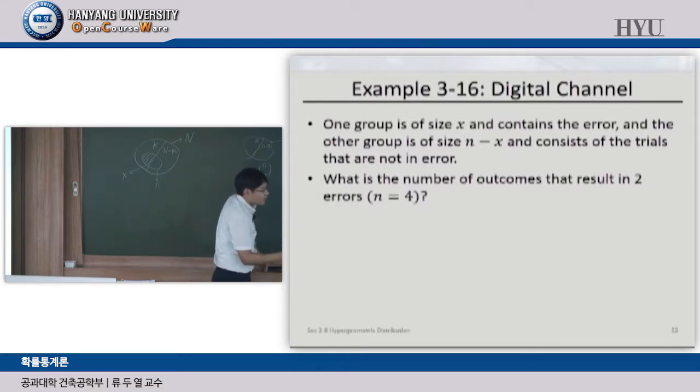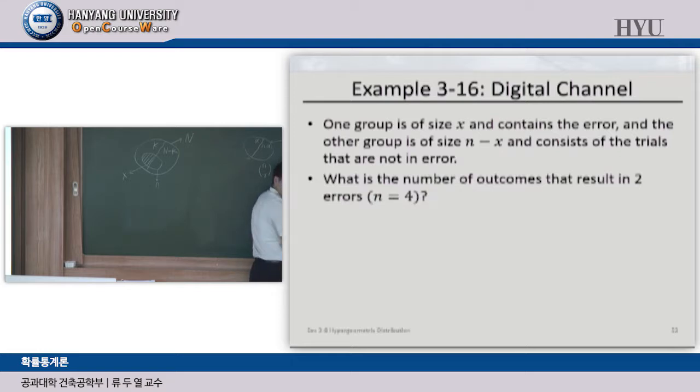So, in this case, n is 4, right? And X is equal to 2. So this will be 4 factorial over 2 factorial multiplied by 2 factorial, right? And this is equal to 4 multiplied by 3 multiplied by 2 factorial over 2 factorial multiplied by 2 multiplied by 1.